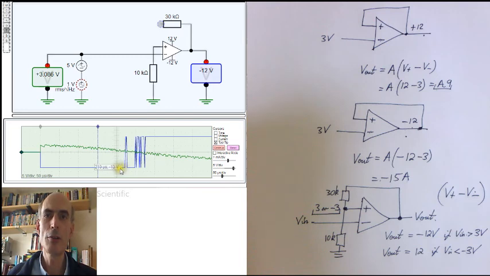So instead of a nice clean transition from low to high in the digital domain, we get this bouncing, as it's called. And if this was going to be a clock signal, then anything that's being triggered by this clock is likely to be triggered multiple times. That's not very helpful.